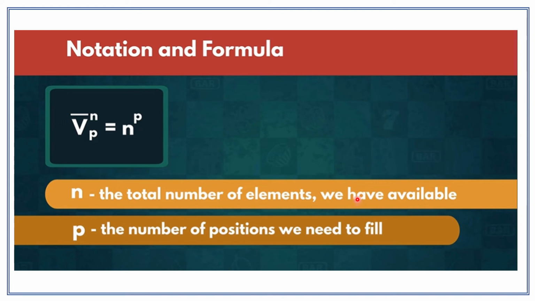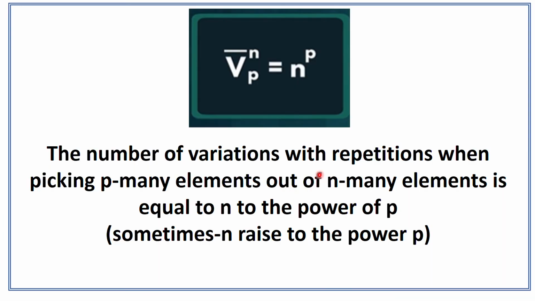In our case it was A, B, C. And p is the number of positions we need to fill. In our case it was 2, since there are two bars in a single passcode.